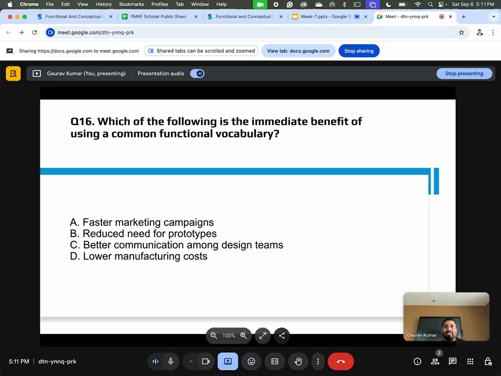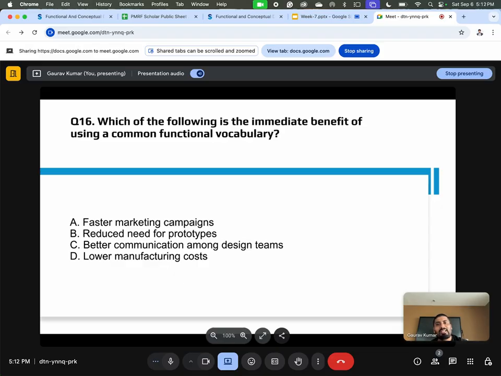In multidisciplinary projects, say involving mechanical, electrical, and software engineers, this common vocabulary eliminates misunderstanding and speeds up collaboration. While reduced prototyping and lower cost may follow later, the first and most critical impact is better communication.